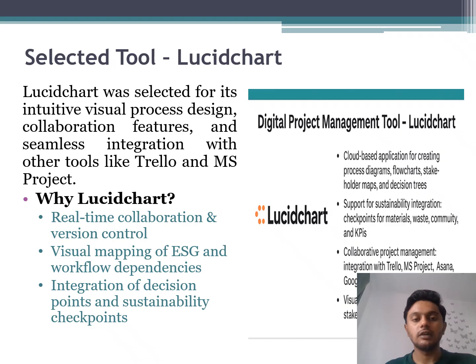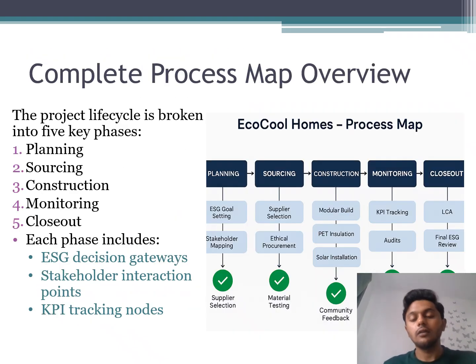I selected Lucidchart because the process designing and the visuals of this tool are top notch. I also went through the collaboration features and the integration with other tools. I also found tools like Trello and MS Project, but I found Lucidchart is best for me, so I've used this one.